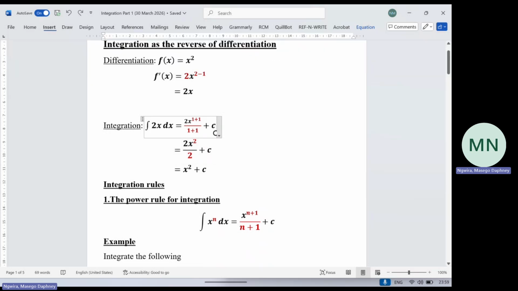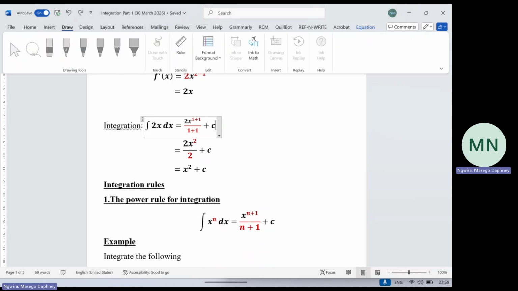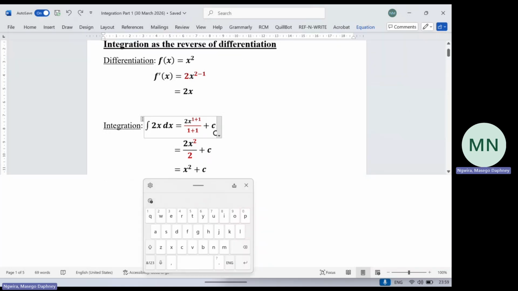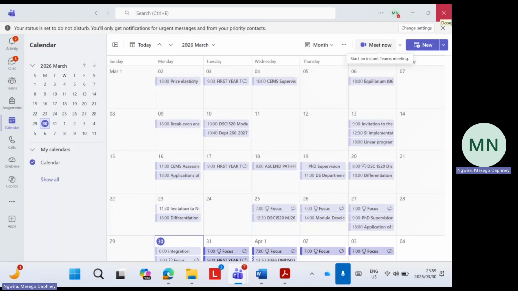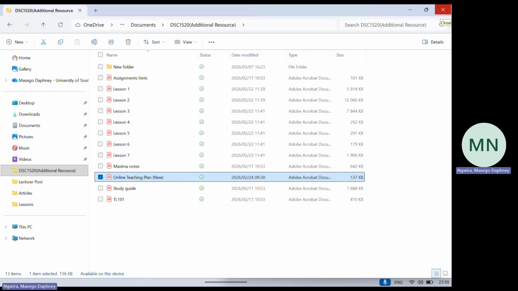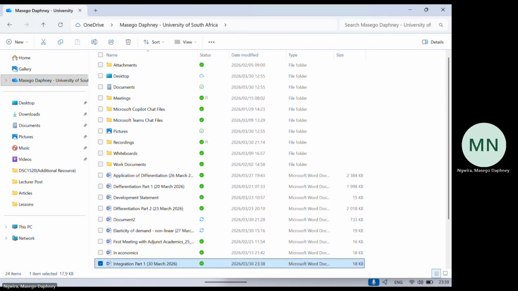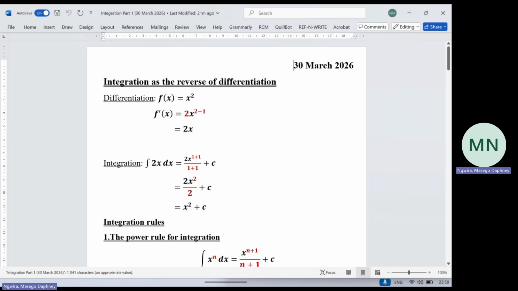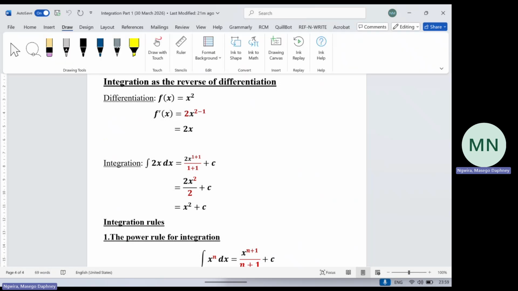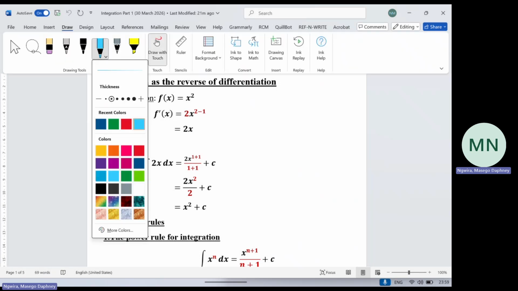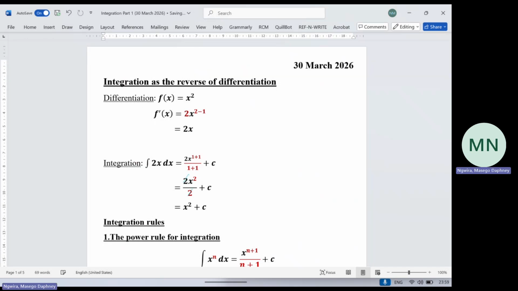So we end up having x squared plus c, which is the same as this x squared. That's why we say that integration is the reverse of differentiation.